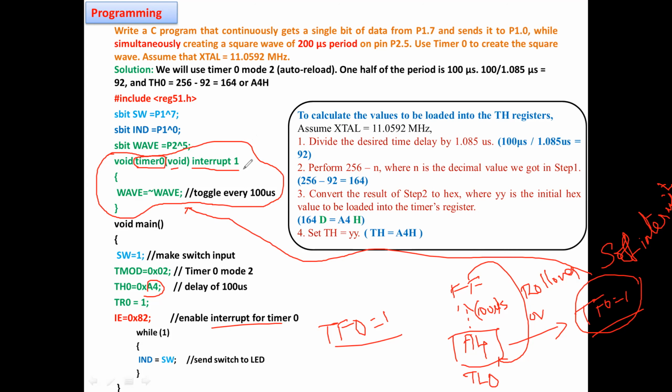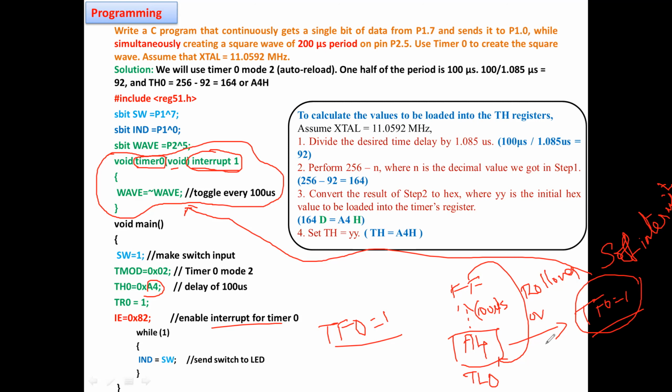Timer 0. If TF0 equals 1, the control will move to here. If you place interrupt 1 in this function, it is because timer 0 is initialized by interrupt 1. If you want, I can get back to the table also.